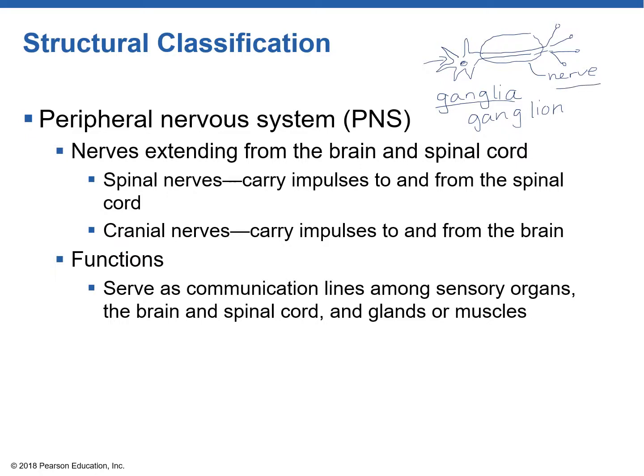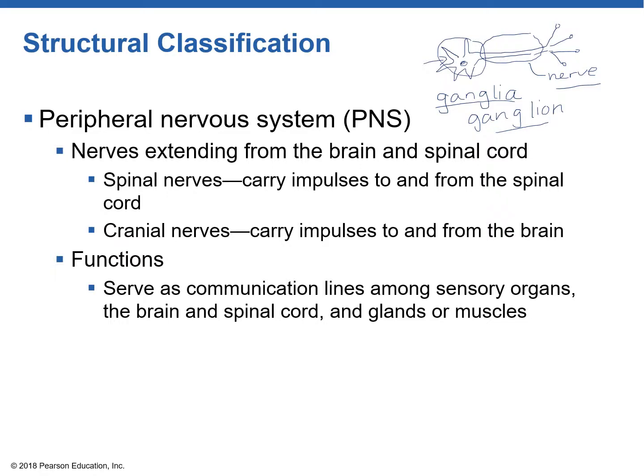Similar to with a ganglion, you're going to have many cell bodies concentrated in one location. And you'll see these ganglia basically right outside the vertebral canal. So right outside the spinal cord, you'll see swellings that are concentrations of these cell bodies. And then the nerves that are extending out from that are going to be bundles of axons.